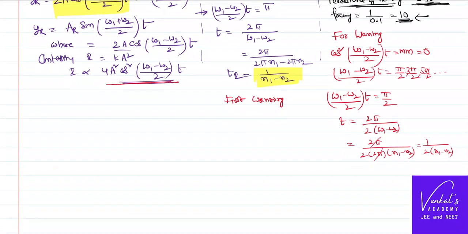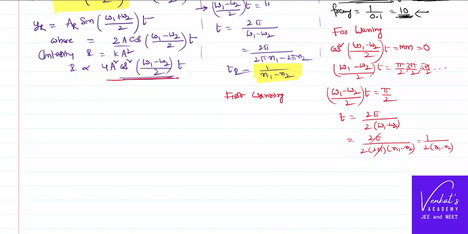If you derive for the next waning, the second waning, one is pi by 2, the next one is 3 pi by 2. (Omega 1 minus omega 2) by 2 times t is 3 pi by 2.